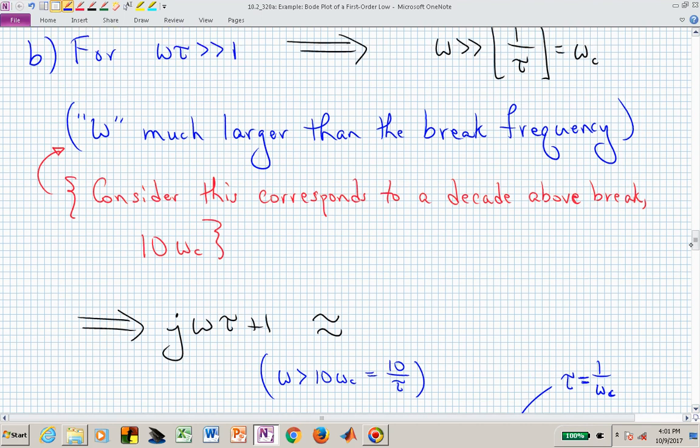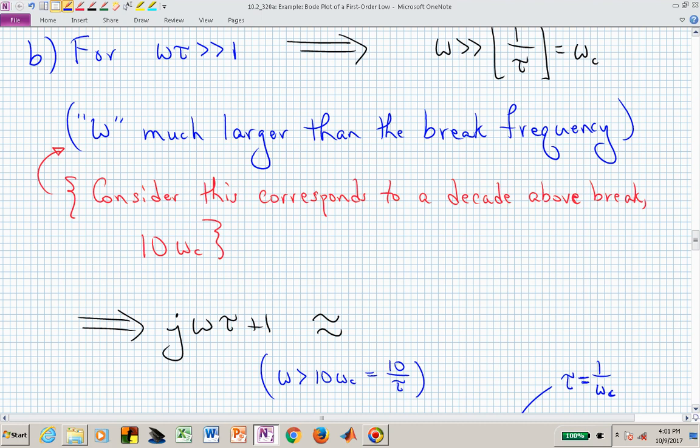And now what happens to this j omega tau plus 1 when omega gets bigger than 10 times omega sub c? Well, omega being greater than 10 omega sub c says that it's bigger than 10 over tau, and we're multiplying that by tau. So now we have j 10, or j something bigger than 10, plus 1.